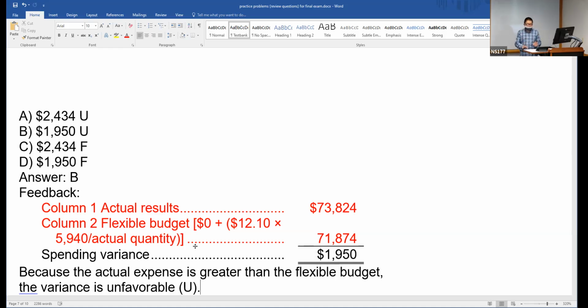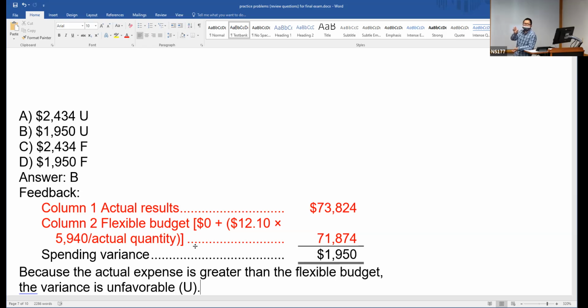And now next you just need to know about the concept. The difference between column 1 and 2 is called spending variance or expense variance. And this part is much more meaningful.